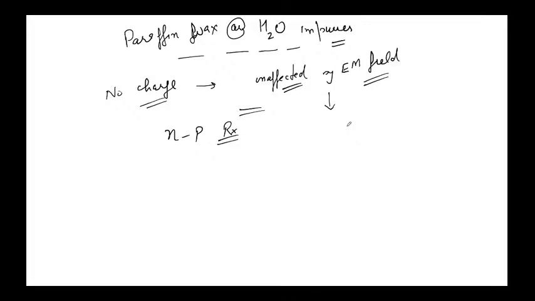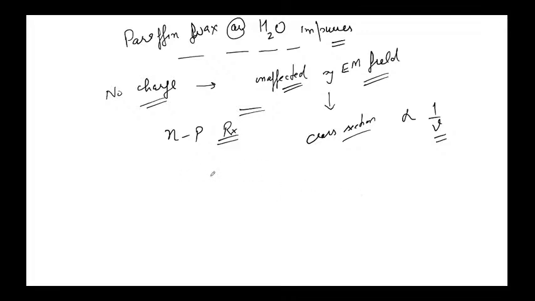We know that the cross section of the radiative capture reaction is proportional to 1 over V, and this is very small for neutrons moving with very high energy.